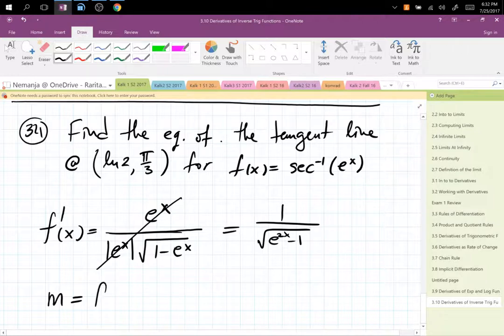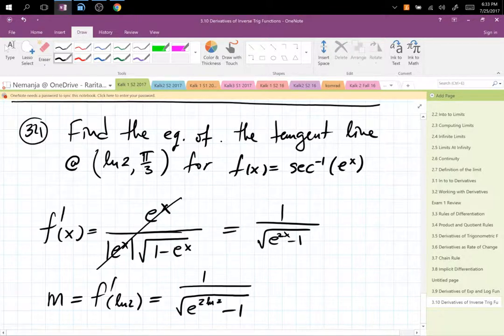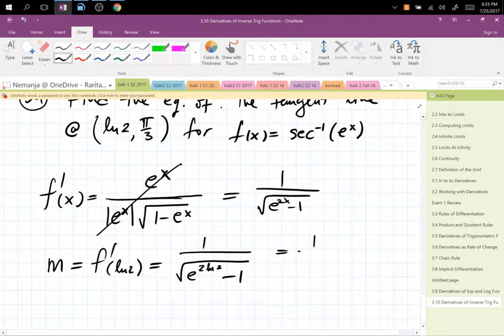Slope m is the derivative computed at ln 2. So that's going to be 1 over square root of e to the 2 times ln 2 minus 1, which is 1 over, now this goes as a square, so 2 squared is 4, ln cancels, so it's square root of 4 minus 1, which is 1 over root 3. So that's the slope, 1 over root 3.